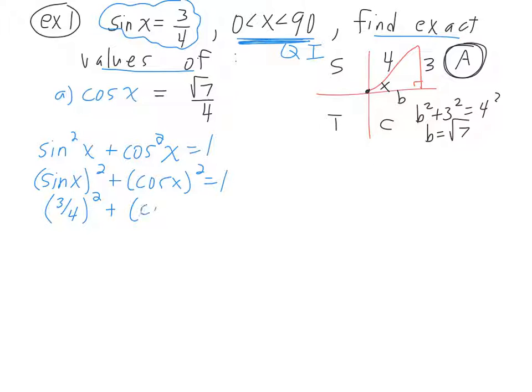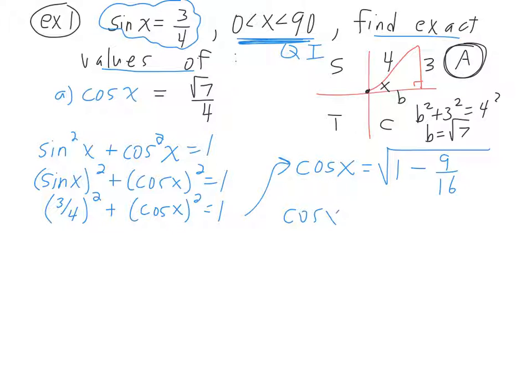We're trying to figure out what cosine of x is. So from here, if I were to get rid of the square, I'm going to have to square root something. Well, we would have that 1, and then I'm going to subtract 3/4 squared. If you square 3/4, you get 9 over 16.